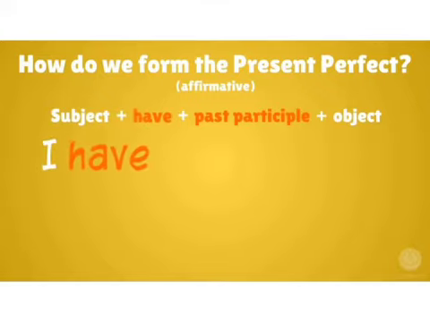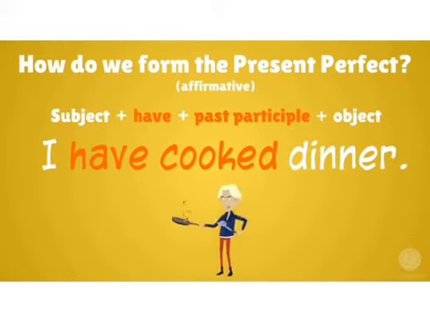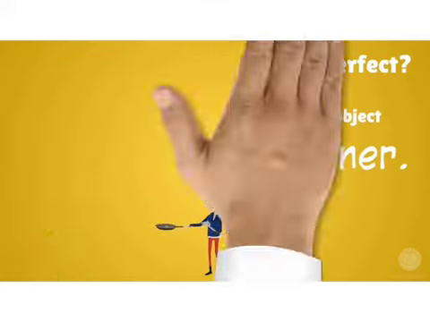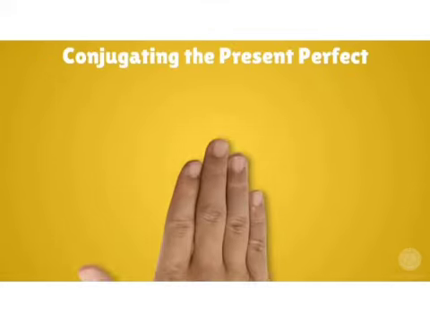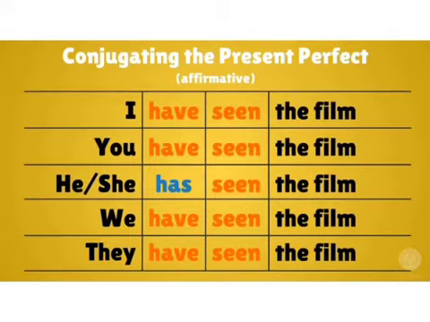Example, I have cooked dinner. Here, cook is the verb, cooked is the past participle V3 form. I have cooked dinner. Let's conjugate the present perfect. Here we go with a simple chart. I have seen the film.